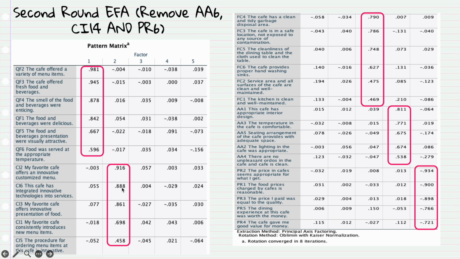For factor 2, innovativeness, loadings from 0.458 to 0.916, strong and consistent. This confirms innovativeness is well understood by respondents.